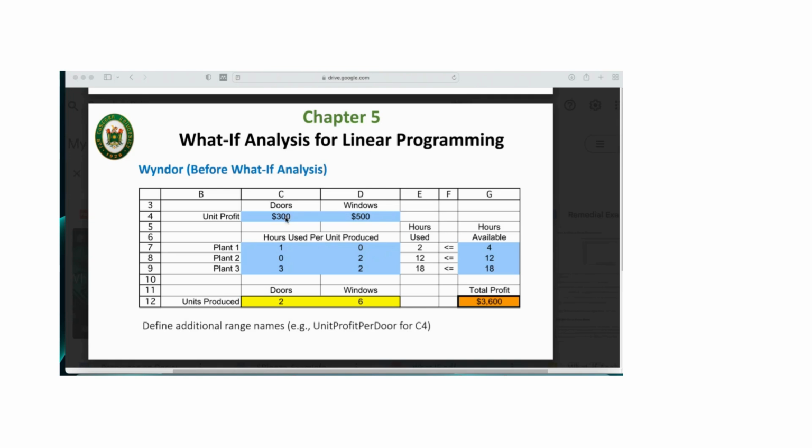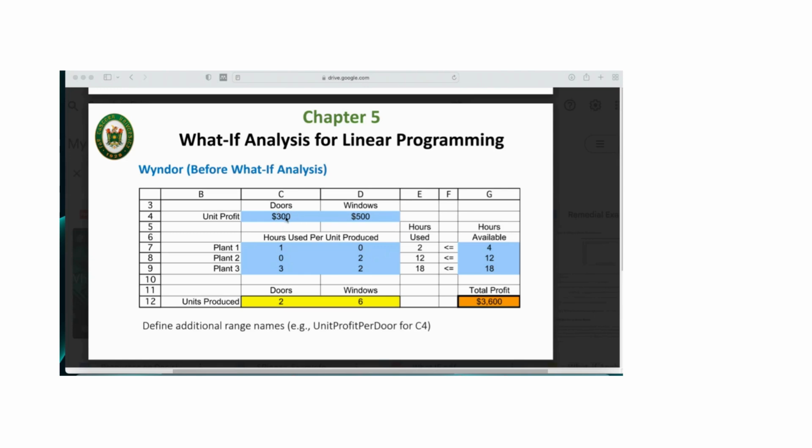To lower it, we can lessen it to, let's say, 200. And we want to see the effect of changing this. What's the effect on the optimal solution? Currently, the optimal solution is the combination of 2 doors and 6 windows. That's the current one, when profit is 300 for doors and 500 for windows.